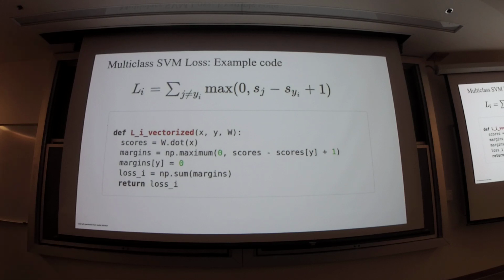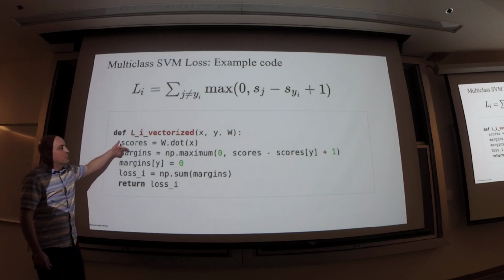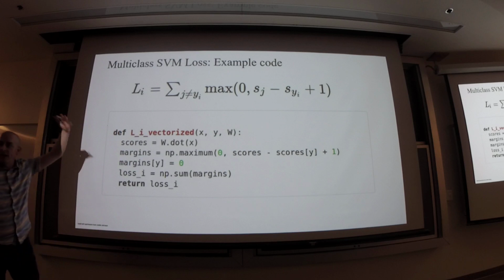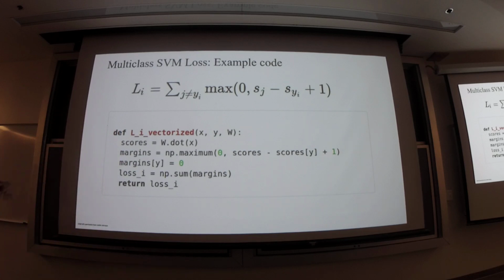Vectorized again means that we're not doing a loop over all of the possible scores and doing the sum. That's actually a very slow operation in Python. Loops are bad because it has to introspect the type of the variables being used. So sticking in NumPy and doing these vectorized operations, where it's all happening at once in the operation, is way, way, way faster. That's the way we want to think about doing things numerically in Python.